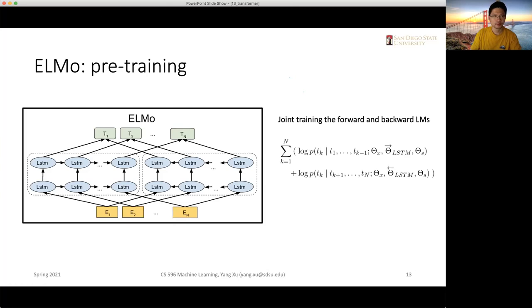So we have two probabilities that are maximized at the same time. They are used to construct one cost function, okay?